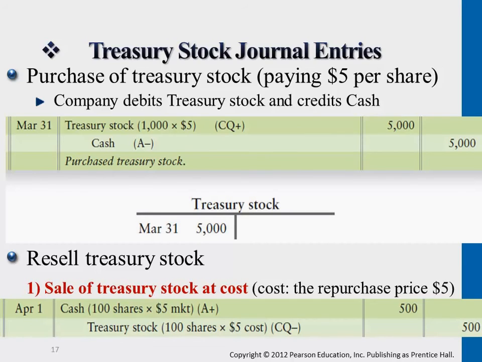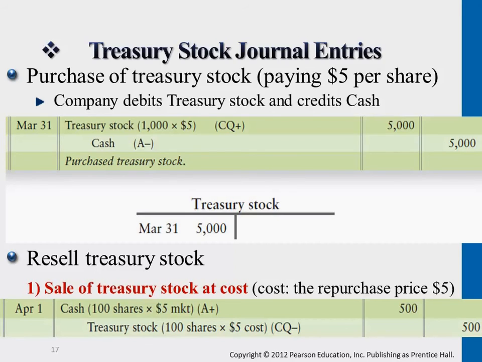Now for treasury stock, we can have a similar case. We compare when the company resells a portion back to the market: is it the same as the price they purchased at originally? This is an example where they sell the treasury stock back to the market, and perhaps it was not too long after they purchased it, so the price is the same. They purchase it at $5, and they resell it at $5, with the market price also $5. There's no premium to this.